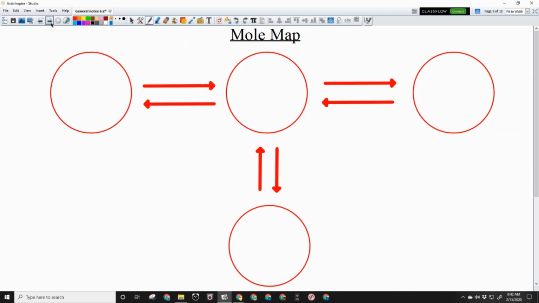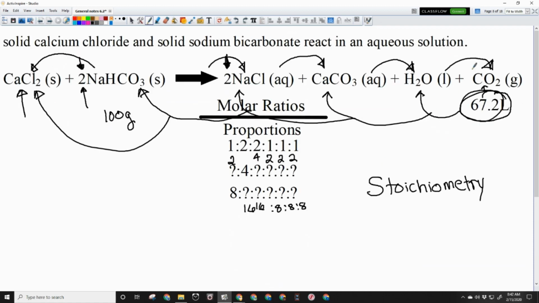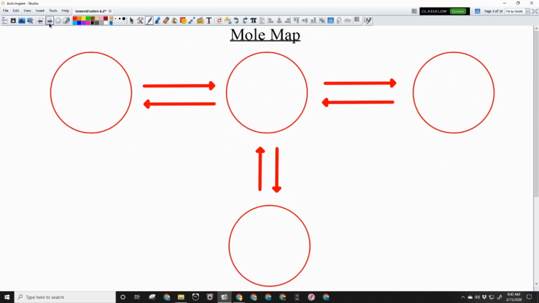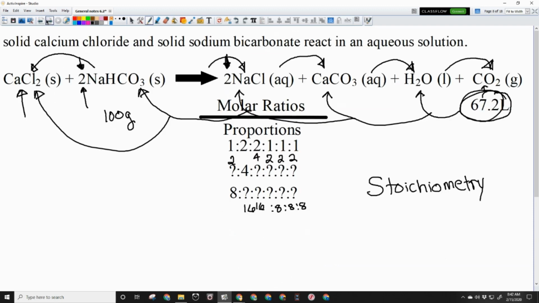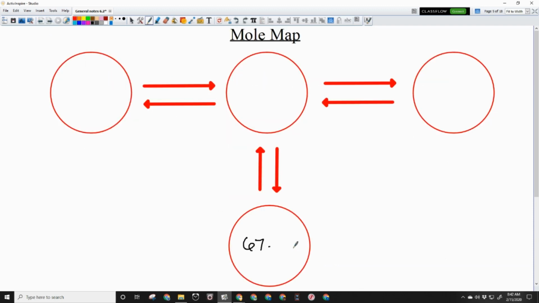Now, it's not really as easy as that, and let me tell you why. Let's say in our problem, like this one, we're given liters, 67.2 liters.